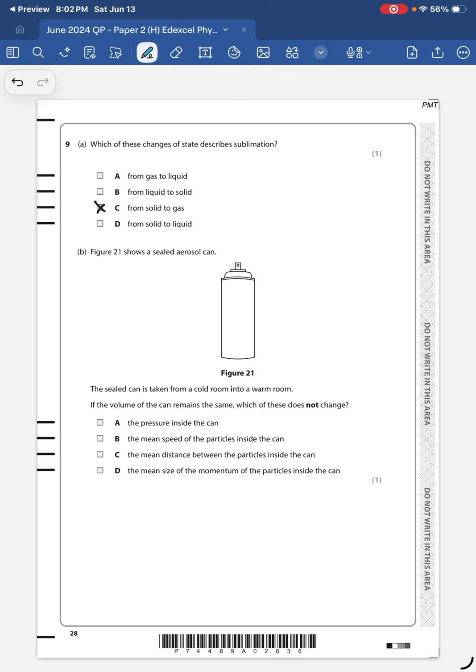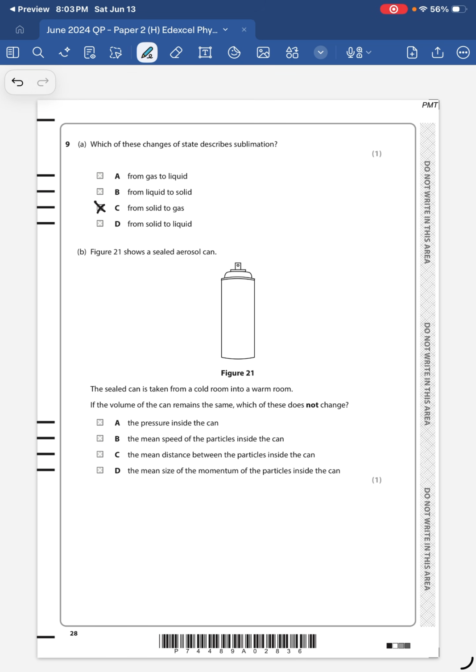Part B. Figure 21 shows a sealed aerosol can. The sealed can is taken from a cold room into a warm room. If the volume of the can remains the same, which of these does not change? So the pressure inside the can increases because the temperature increases, and that makes the molecules move faster, more collisions, so more pressure.